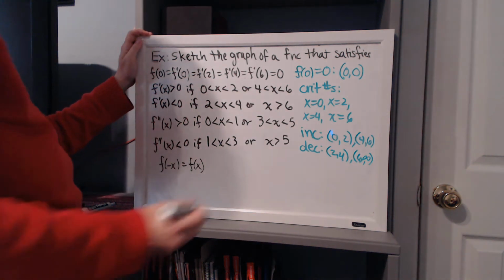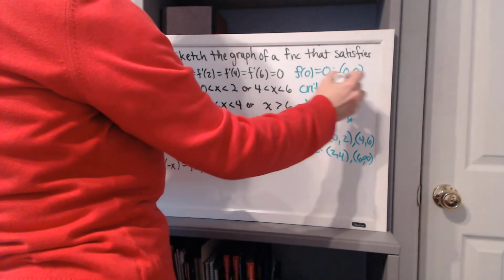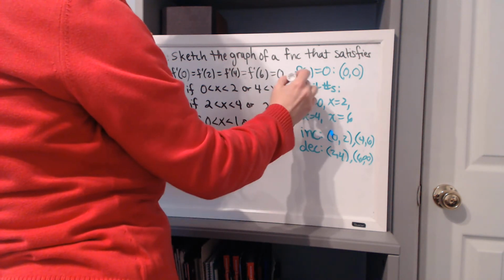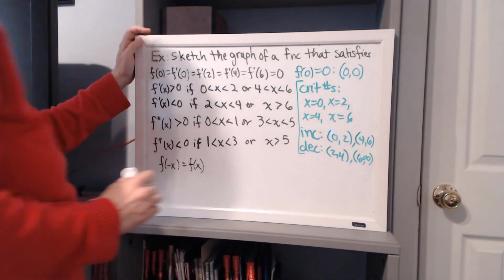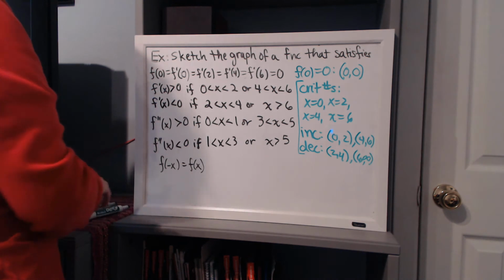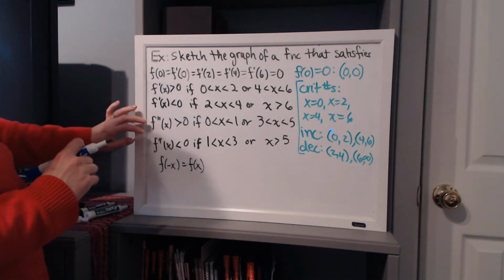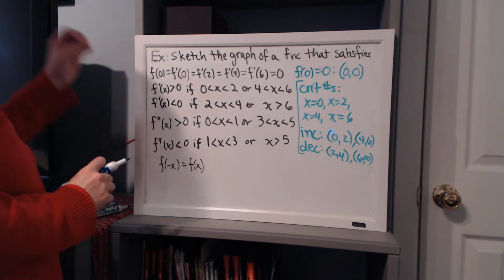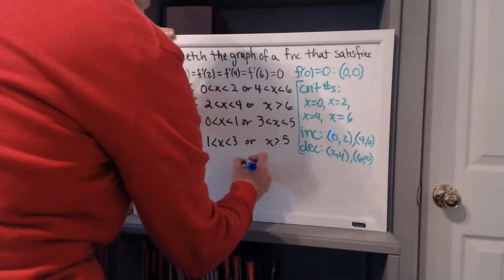Okay? So we know something about one point on the function. Now we know about first derivative stuff. We know where the critical numbers are, and where it's increasing and decreasing. Our next two lines are about the second derivative. That's going to tell us about concave up and concave down.